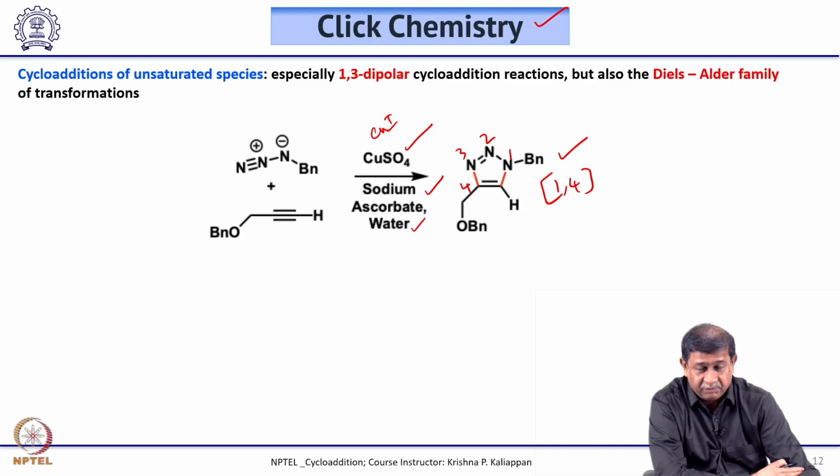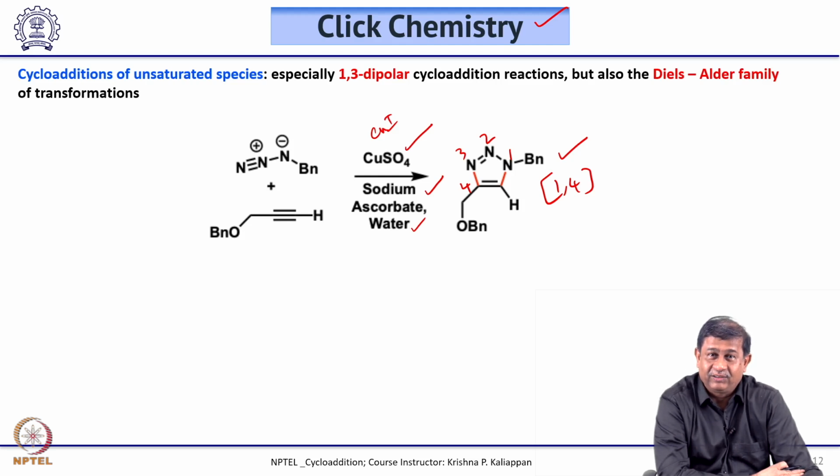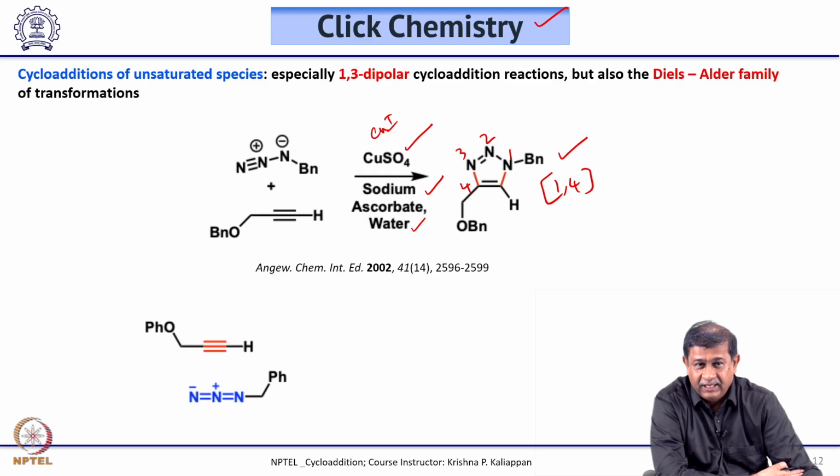this Barry Sharpless got the second Nobel Prize, and as you know, the first time he got the Nobel Prize for his important contribution on asymmetric oxidation, Sharpless asymmetric epoxidation, dihydroxylation, amino hydroxylation and so on. Okay.